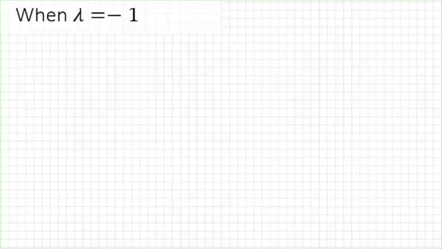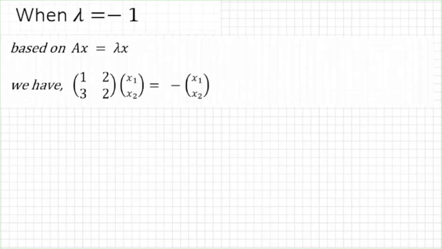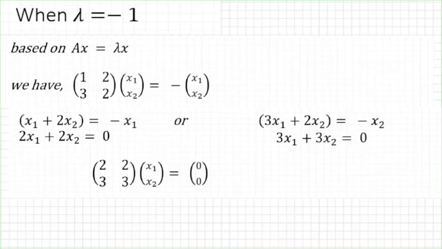The first one, when λ = −1, based on the equation Ax = λx, we should have [1, 2; 3, 2] times (x1, x2) equal to −(x1, x2). If we multiply and arrange it, we will get 2x1 + 2x2 = 0, or 3x1 + 3x2 = 0.